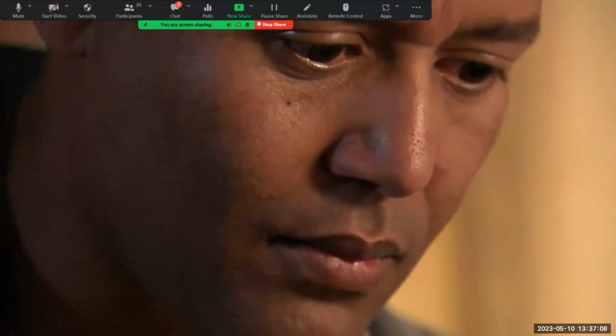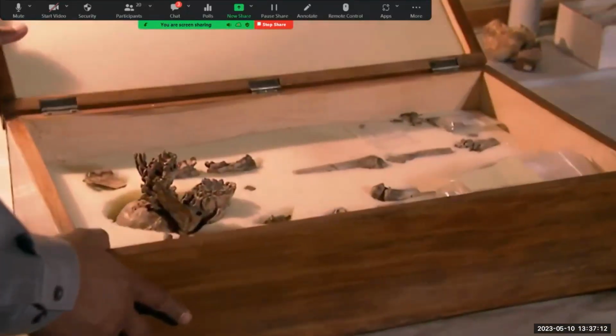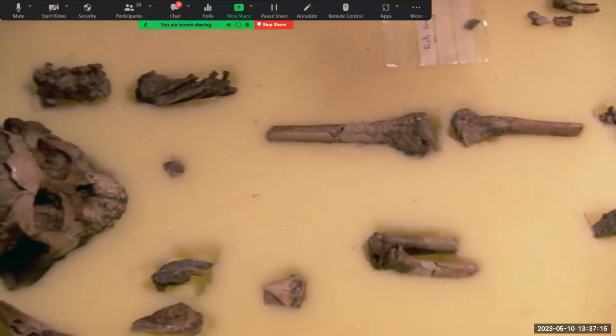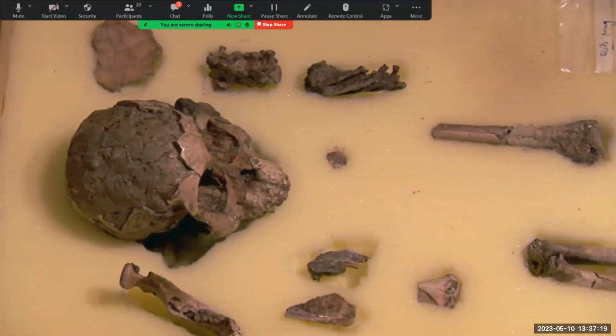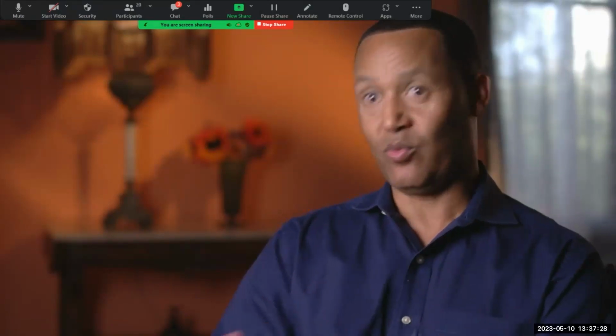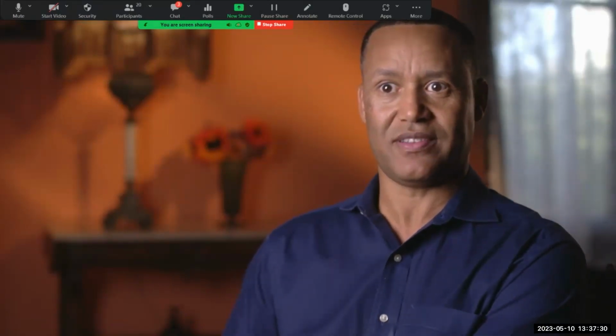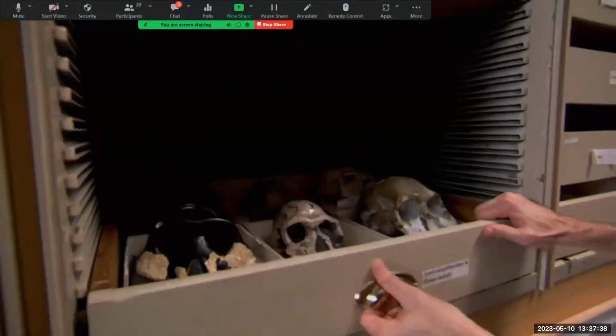Zeresenay Alemseged, who discovered a 3 million-year-old Australopith called Dikika Child, has found what he believes to be evidence of stone tool use in the same period. If you were defining Homo habilis as a tool maker, tool user, then what do you make of it when you see that Australopithecus was doing the same thing? We know that there is rudimentary stone tool use, not stone tool, but stone use among living chimpanzees.